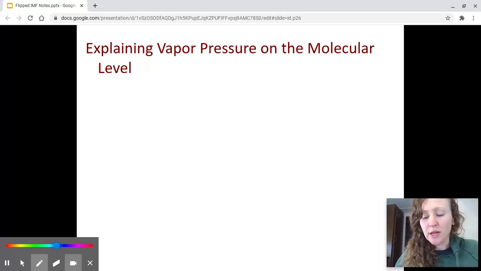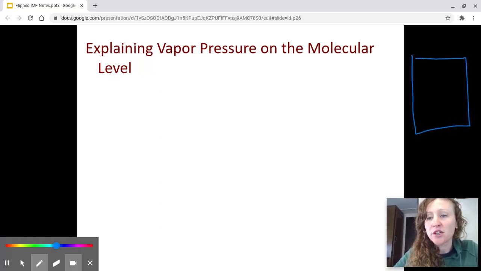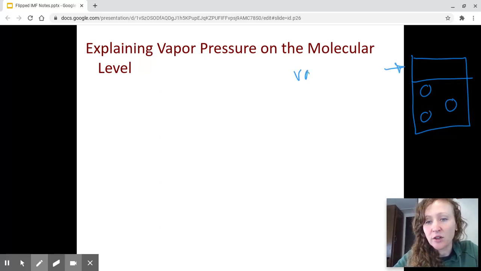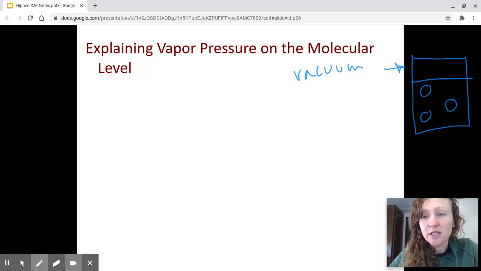So you may recall that vapor pressure is a pressure that is established in a closed container when you have a liquid or a solution, and above that solution is a vacuum. Okay, so when that occurs, some of the particles, remember these liquid particles are constantly in motion.